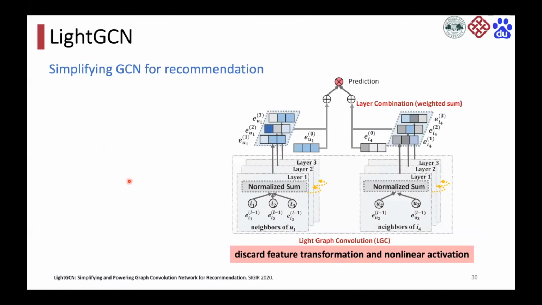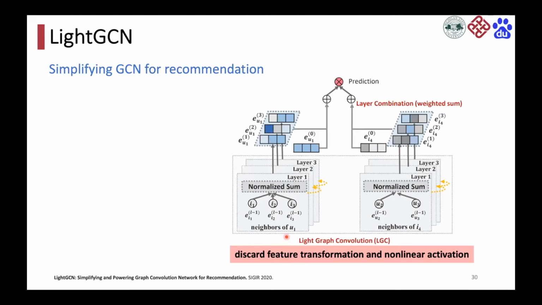Although NGCF has shown promising results, some researchers argue that there exist unnecessarily complicated designs in this GNN model for collaborative filtering. This model is LightGCN, which was proposed in SIGIR 2020.